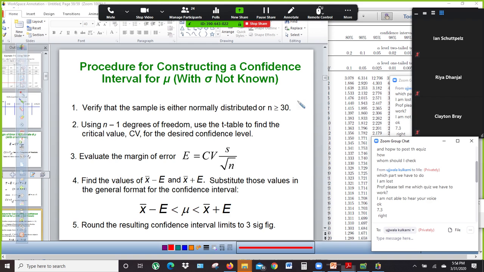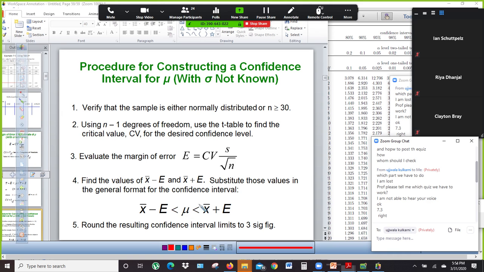Evaluate the margin of error. E equals CV times S over the square root of n. Find the values of x bar minus E and x bar plus E. Substitute those values in the general format for the confidence interval: x bar minus E less than the mean, mu, less than x bar plus E. Round the resulting confidence interval limits to 3 sig figs.